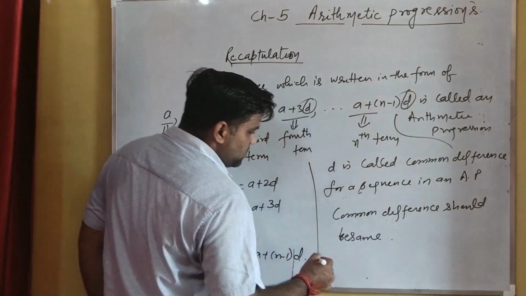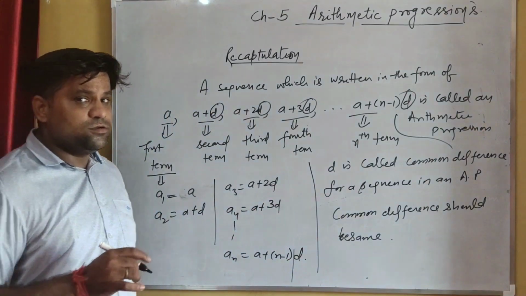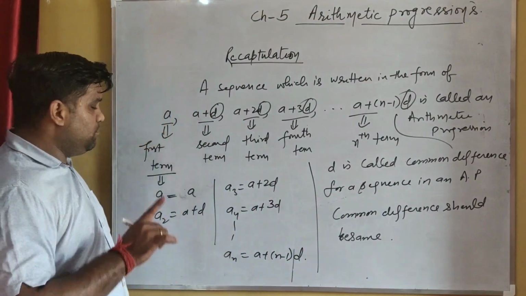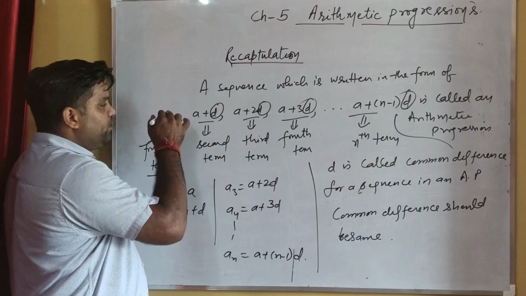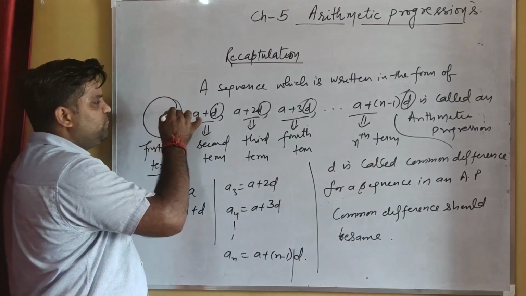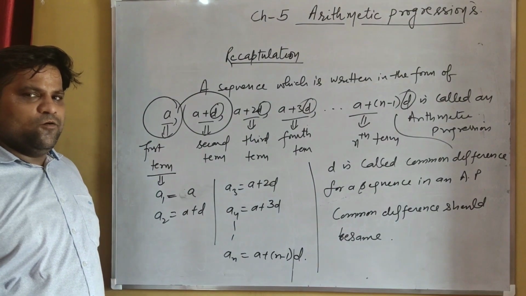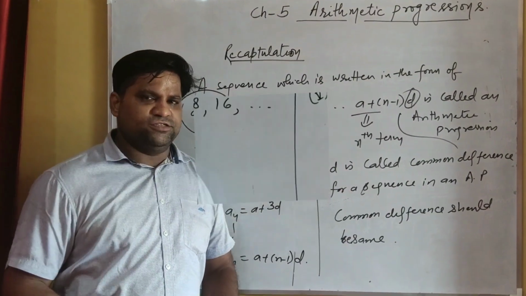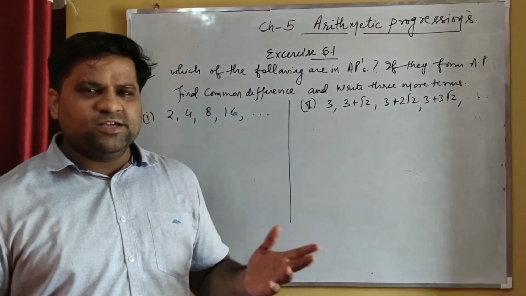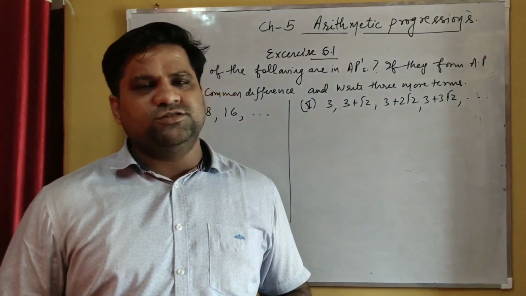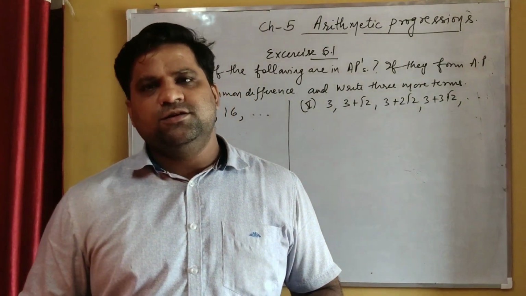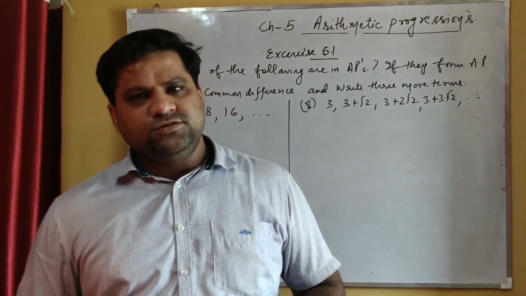We know how to find a common difference. A common difference is found by subtracting the previous term from the successive term. As we have revised what is arithmetic progression, what is common difference, and how to find common difference.